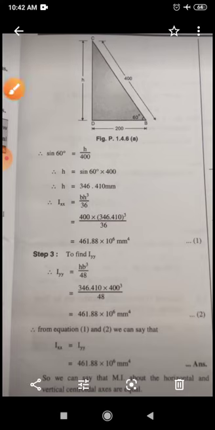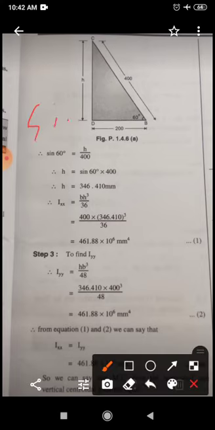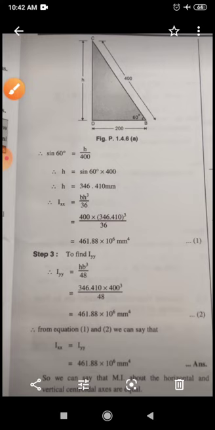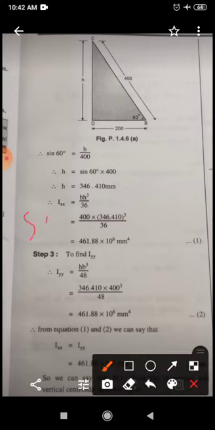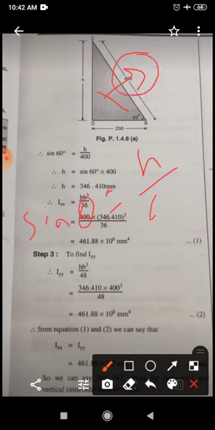Now what is sin theta? Here theta is 60 degrees, which is given. Sin theta is equal to opposite side upon hypotenuse. Opposite to theta is h, and the hypotenuse is 400.